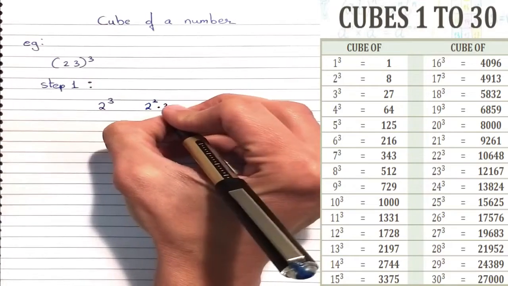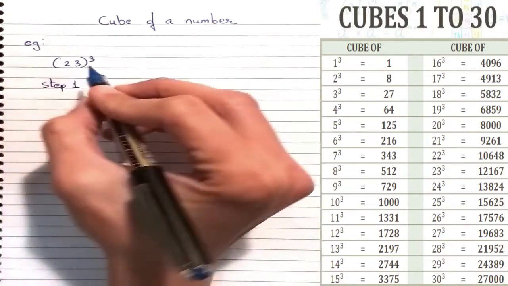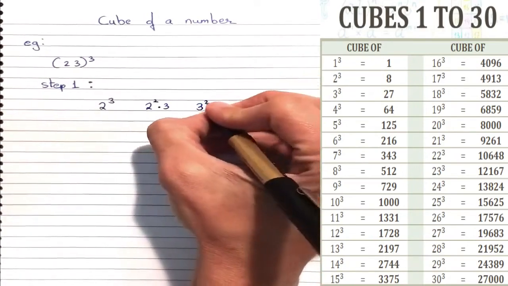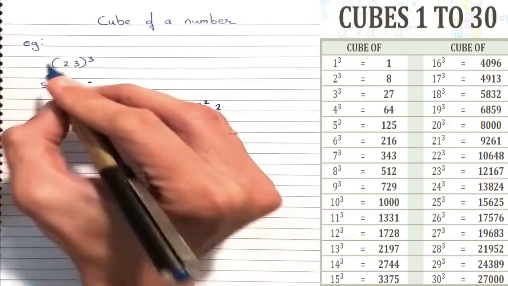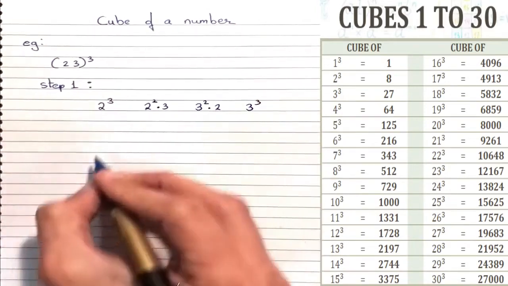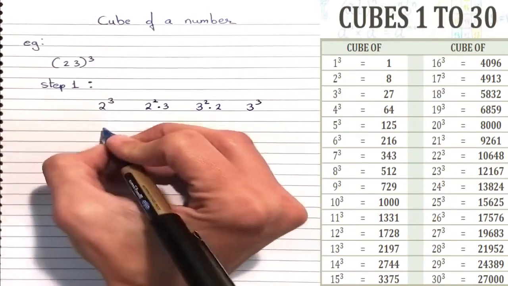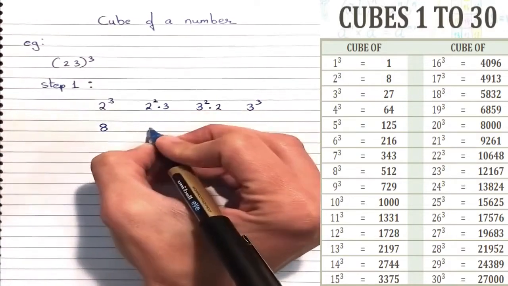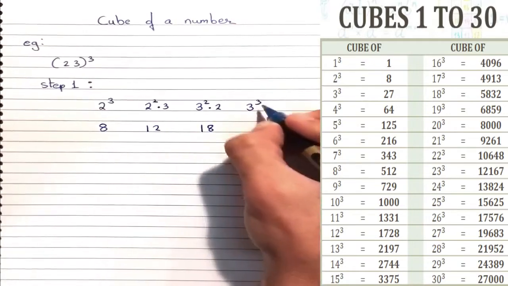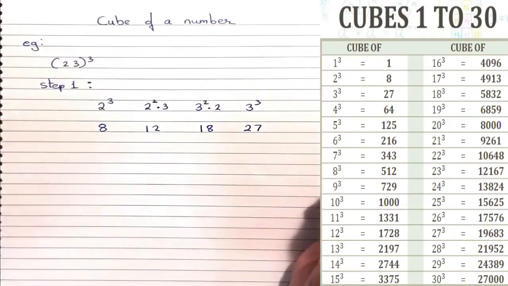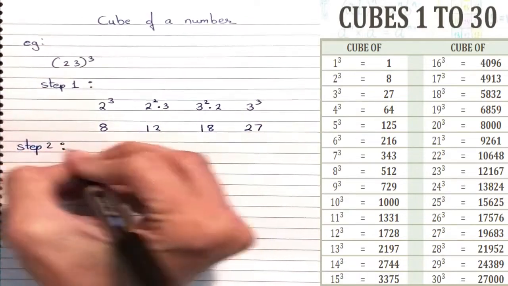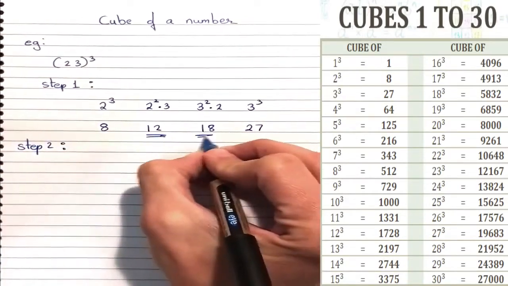Next we will take 3 square into 2, which is the square of the second number into the first number, and then 3 cube. So we have 8, then 2 square 4 into 3 is 12, 3 square 9 into 2 is 18, and 3 cube 27. Right? Now let's go to step number 2.